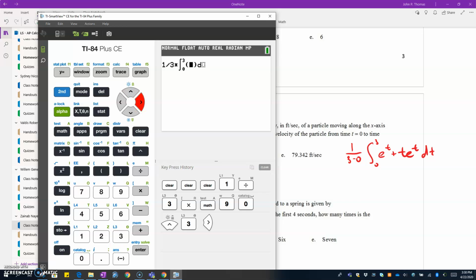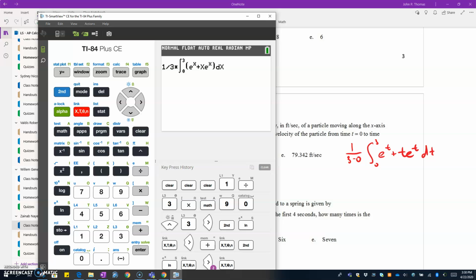Now I'm just going to type the function in here because it wasn't a free response item where I'd be putting this into y equals already. So e to the x plus x e to the x, and we'll say dx here.